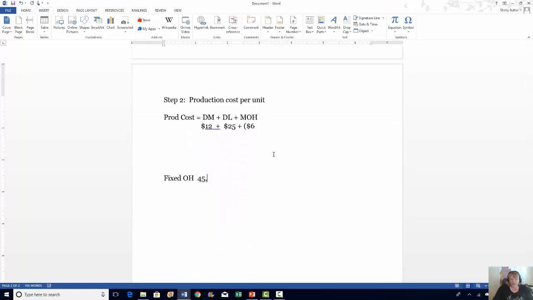So we've got the 45,000, and we're going to divide it by the 17,250. And we're going to get a fixed overhead rate per unit of $2.61. So our manufacturing overhead is $6 for the variable plus the $2.61.